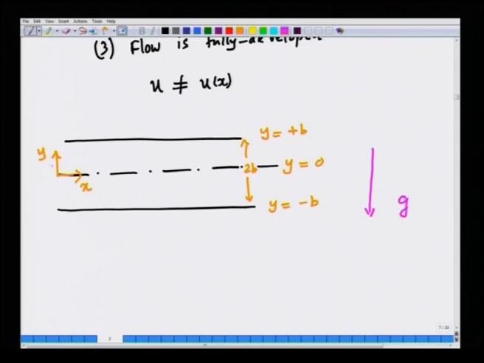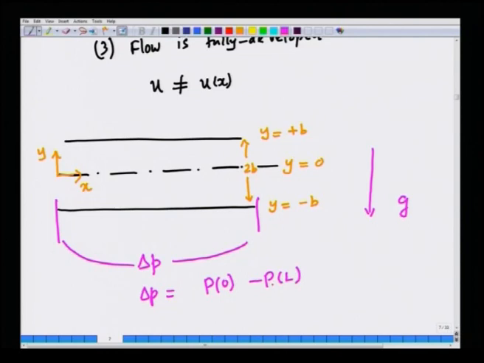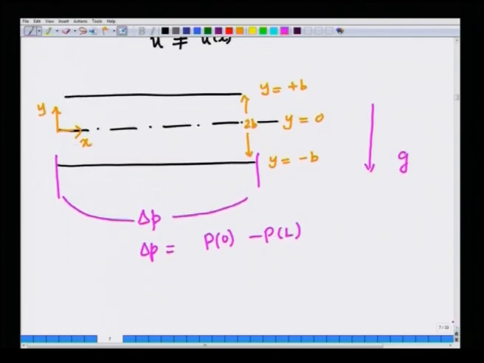The reason why fluid is flowing is because of a pressure difference. There is a pressure drop, okay. Delta P is the pressure at 0 minus the pressure at L. Okay, that is the pressure drop, and L is in general the length of the channel.